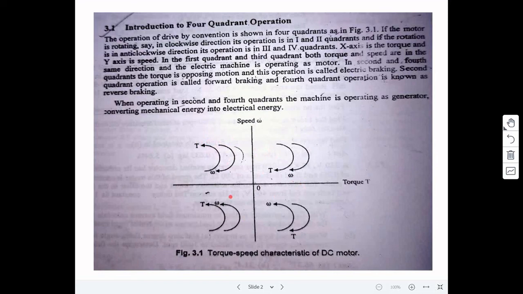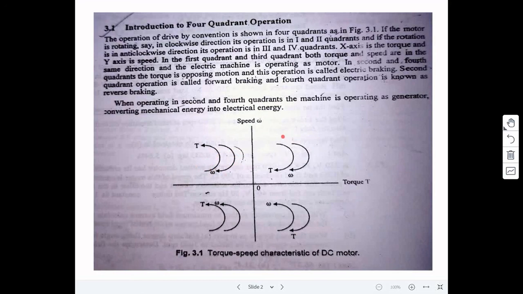When speed is in reverse, those two operate in reverse. If both are in the same direction, we call it motoring mode. If both are opposite to each other, that is one clockwise and one anti-clockwise, or vice versa, those two quadrants operate as braking.